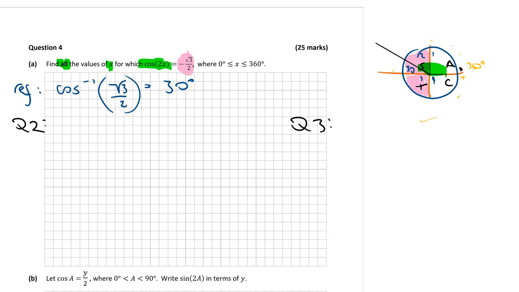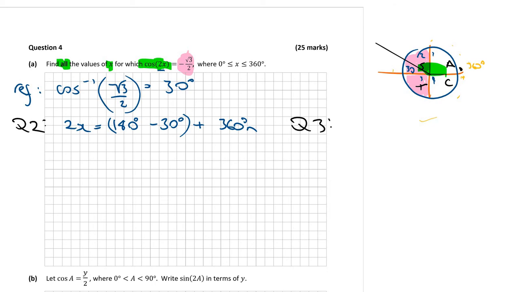So in the second quadrant, we have 2x, because that's what we're asked for here, equal to 180 minus 30 degrees. Now we'll just add in our general polar form, which is n times 360, or 360 n. We'll just keep our degree sign in for now.